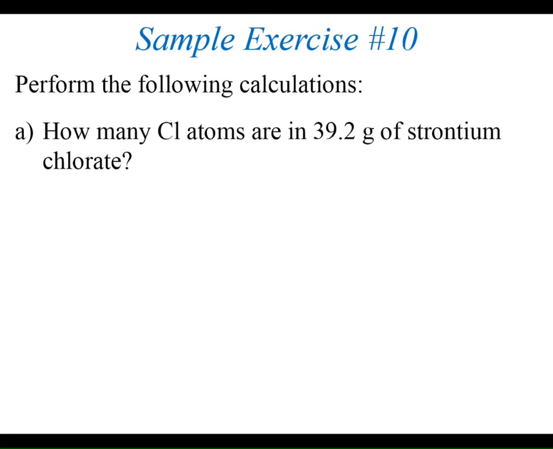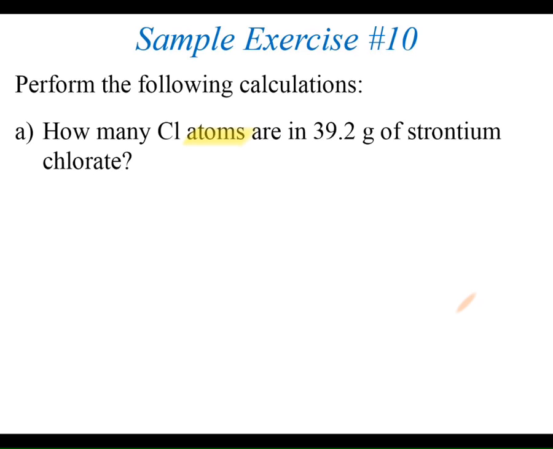Okay, so let's try one. How many chlorine atoms are in 39.2 grams of strontium chlorate? This might get old, but I think it's helpful. Let's just read it again and figure out all the little hints. How many chlorine atoms?